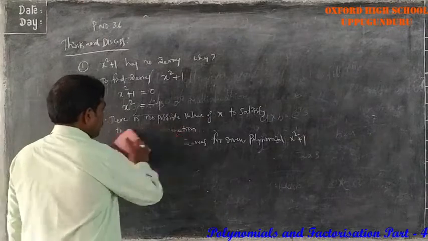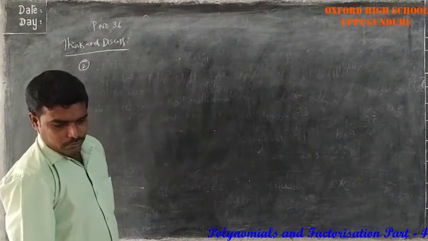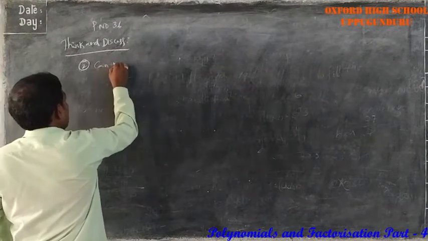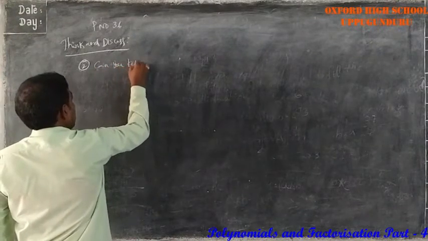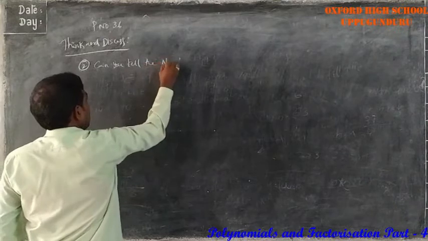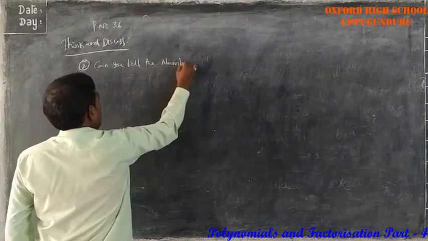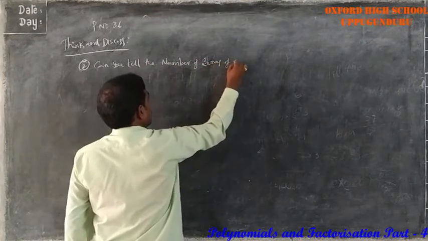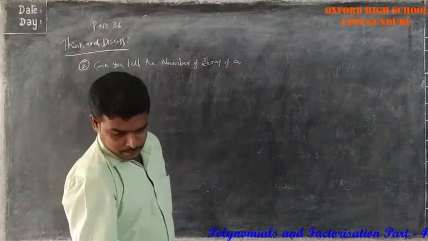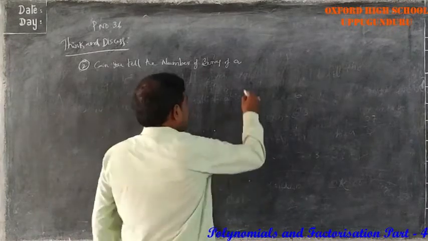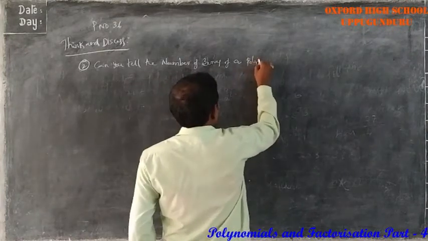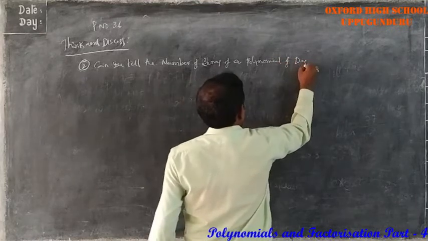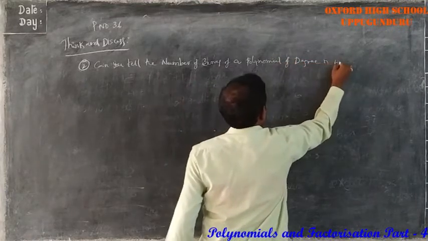Next, the second one. Can you tell the number of zeros a polynomial of degree n will have?